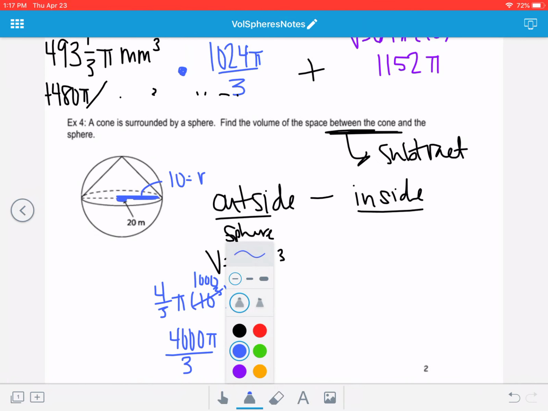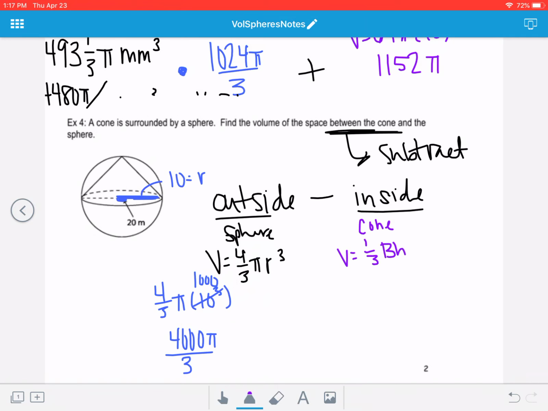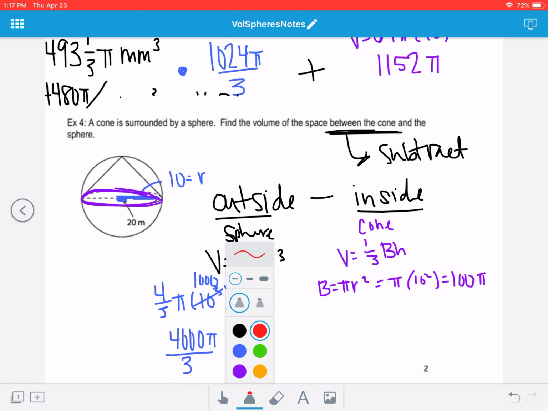Now we have to find the volume of the inside, which is a cone, and to find the volume of a cone, it's 1/3 big B times h. Big B stands for the area of the base. On a cone, the shape of the base is a circle, so pi radius squared. The radius is 10, so that gives me 100 pi. The height of the cone must start at the vertex and then go down to the center.